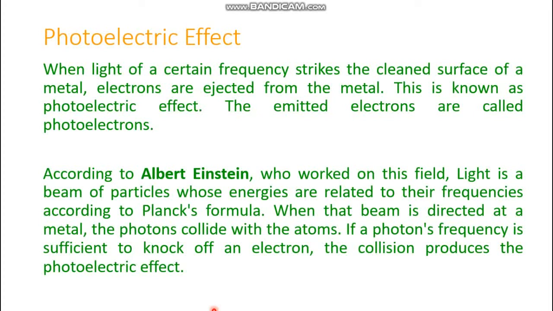When that beam is directed at a metal, the photons collide with the atoms. If a photon's frequency is sufficient to knock off an electron, the collision produces the photoelectric effect.